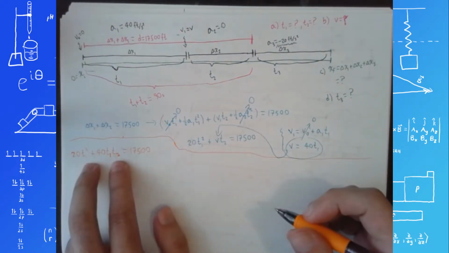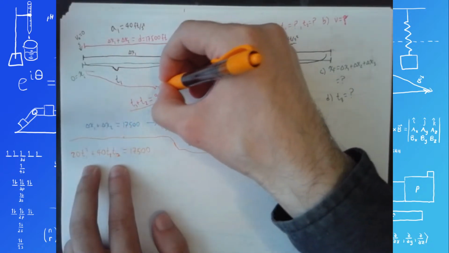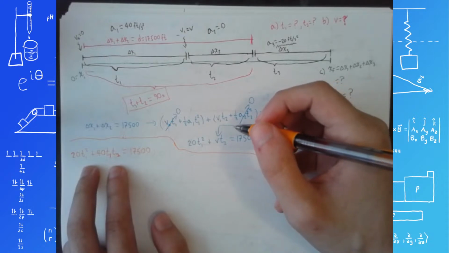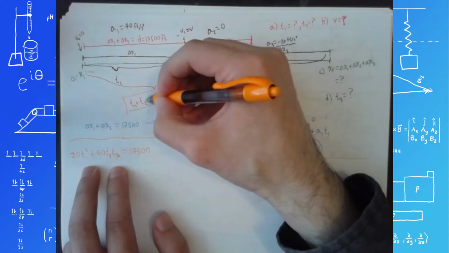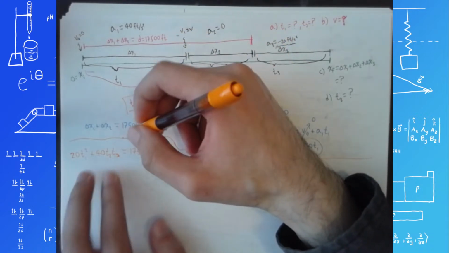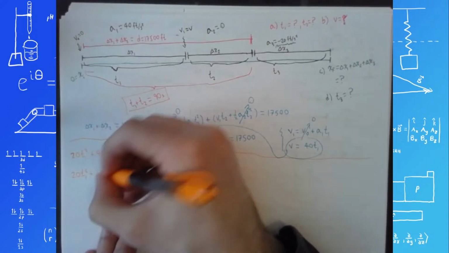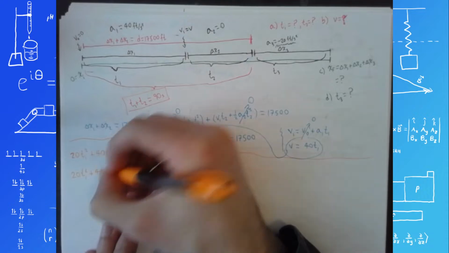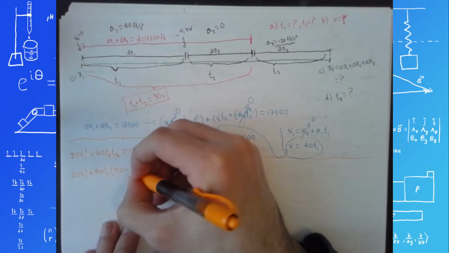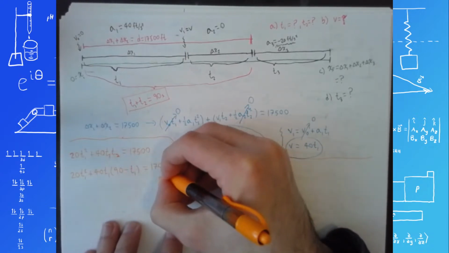Okay, now I've reduced it to just two unknowns in this equation, and I've got the same two unknowns in this equation over here, so I can put those together. I'm going to go ahead and solve for t2. t2 is equal to 90 minus t1, and then plug that in for t2 over here, so 20 t1 squared plus 40 t1 times (90 minus t1) equals 17,500.